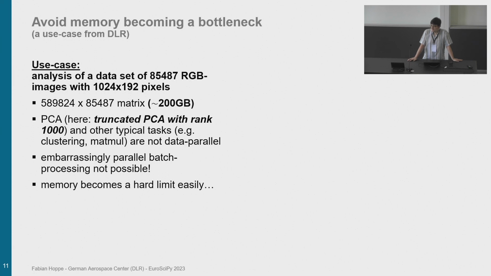If a computation takes longer by a factor of 2, then maybe that's more expensive, and maybe you have to apply to get more time on your supercomputer, but in essence it's not a problem if it takes 2 days instead of 1 day. If the memory is over, then that's really a hard limit, so you can't change that easily.